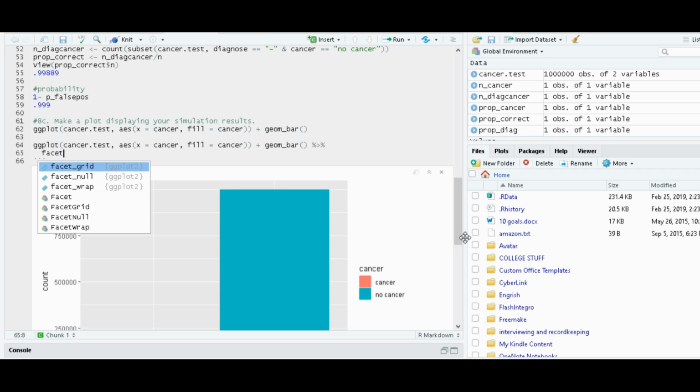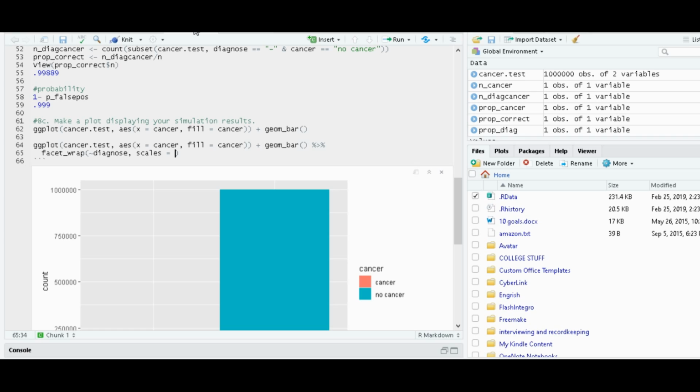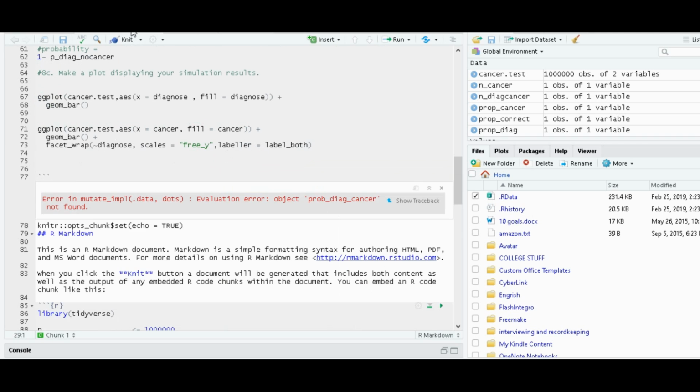We want to use facet wrap to add in our diagnose, and I'm going to wrap it by the diagnoses. Scales to be free y, or y bar. There should be no limit to the scales, and labeler, which I'm not quite sure.